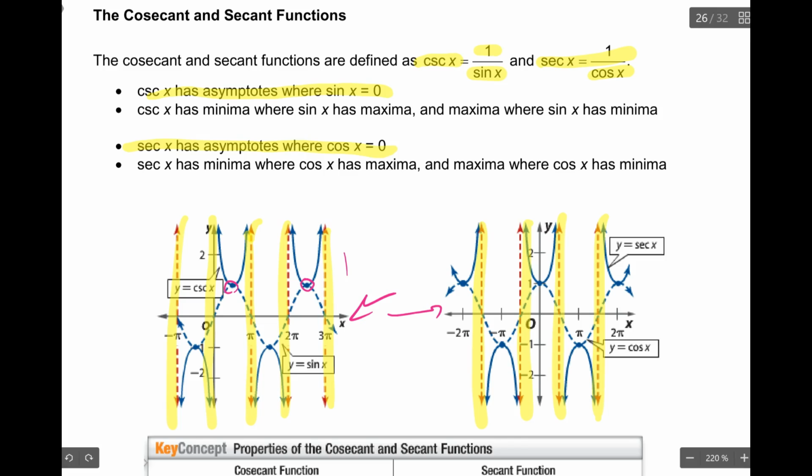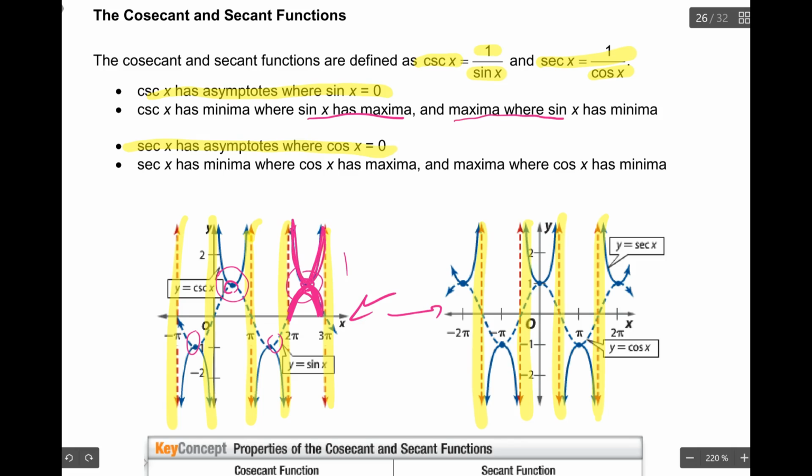All it's saying is cosecant is basically going to be mirroring sine wherever they touch. It has minima where sine has maxima. So right here is the maximum for sine. Well, that's going to be the minima because that's the very bottom point.